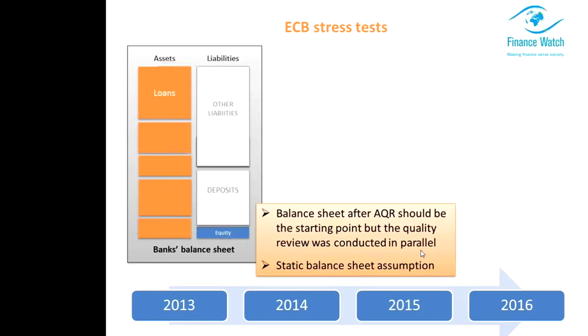conducted simultaneously with stress tests. What does it mean? It means that banks were stressing the unadjusted balance sheet, so before AQR, and the ECB decided to join up the results at the latter stage. And the methodology for joining up the results was published first in August 2014. The joining up of AQR with the stress test results might be quite a complicated exercise.